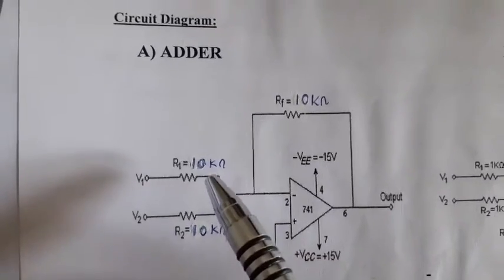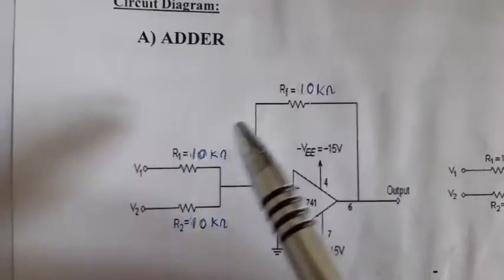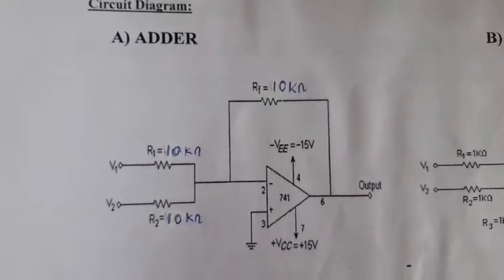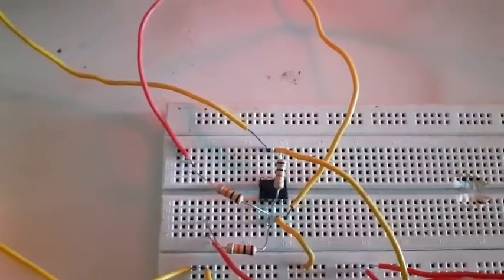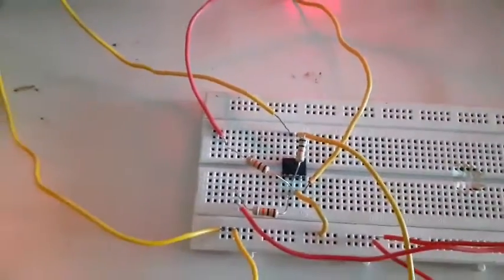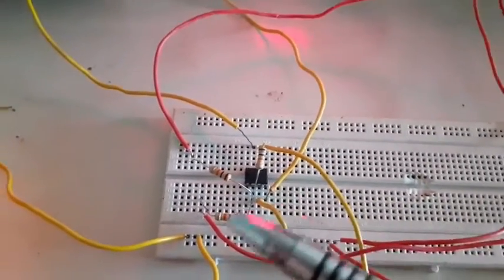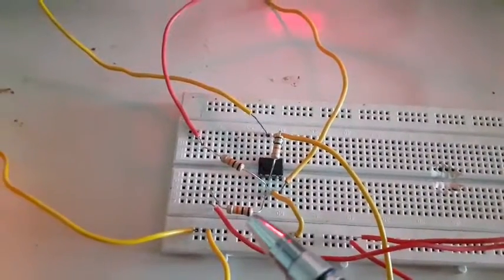So let us connect resistance R1, R2 and RF, all these three to be 10 kilo ohm. Okay, I'll show you the circuit. So for this circuit, this is your first input, this is your second input.